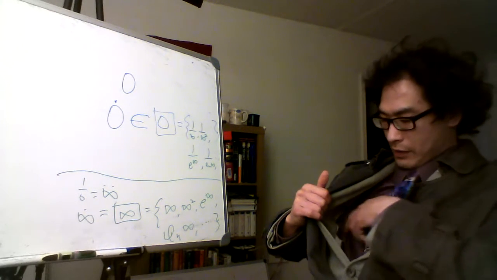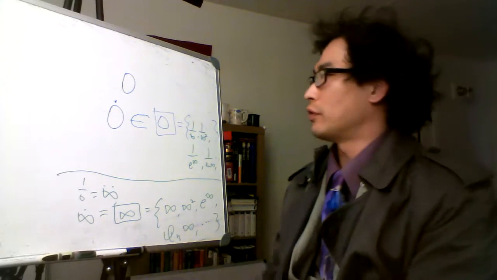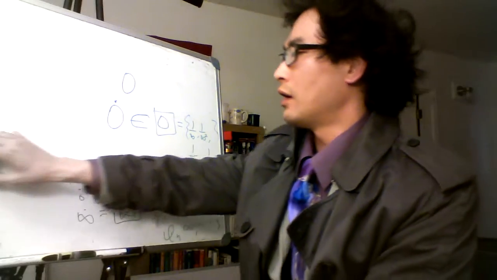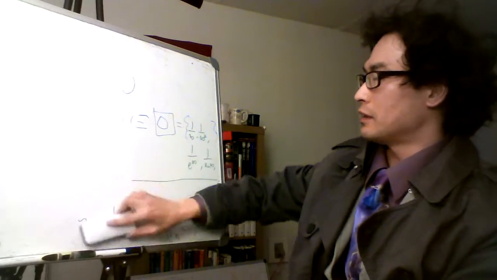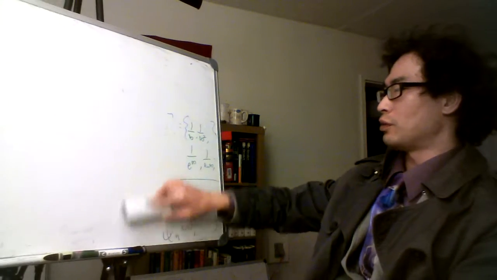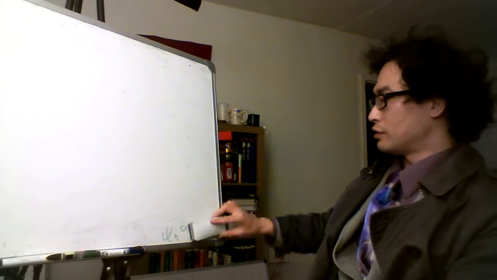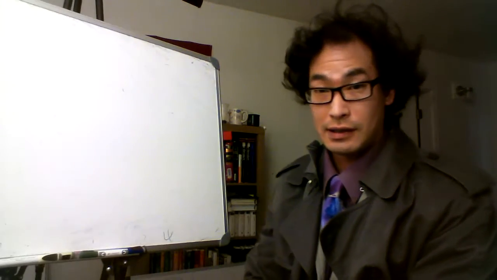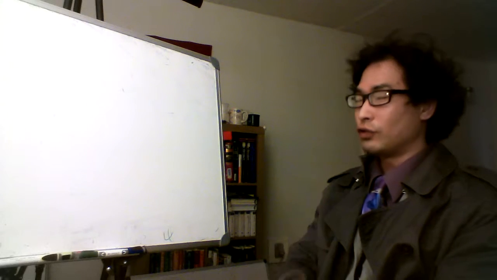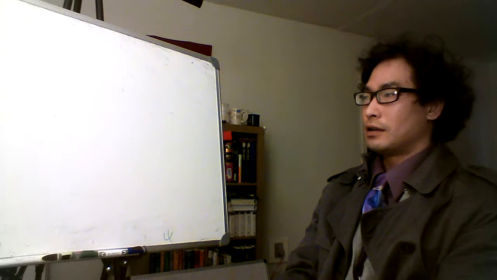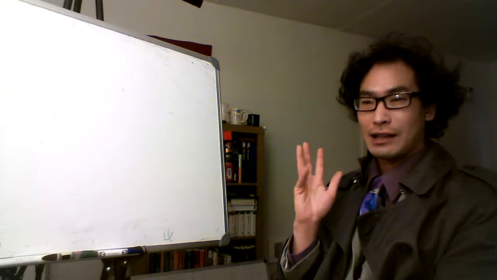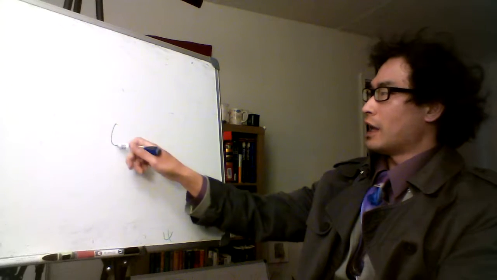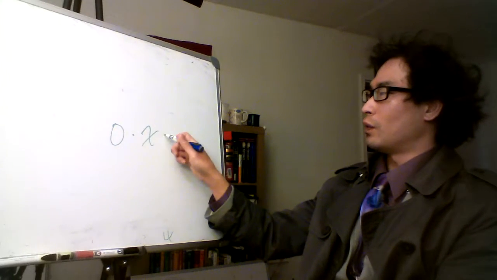Now we're going to examine some absorption rules. You have true zero, fake zero, true infinity, fake infinity. Let's examine some absorption rules, because true zero and true infinity are constants. 0 times x is always 0.